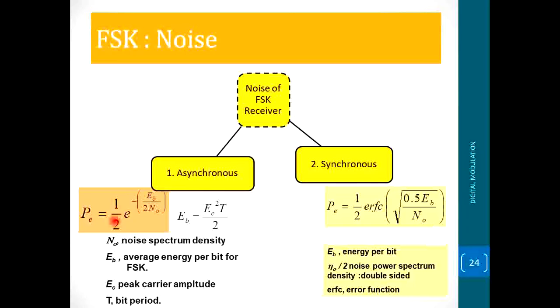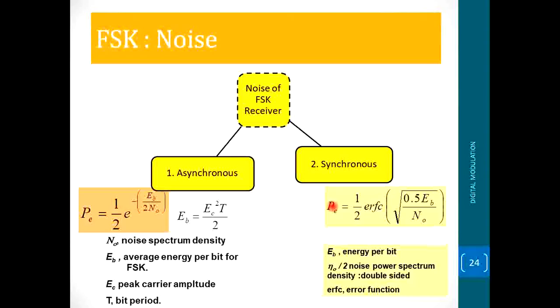For the asynchronous receiver, the probability of error equals 1 over 2 e to the power of negative EB over 2N0, and EB equals EC squared T over 2. This is the equation for the noise of an asynchronous receiver.